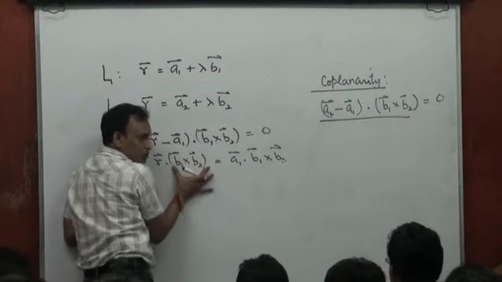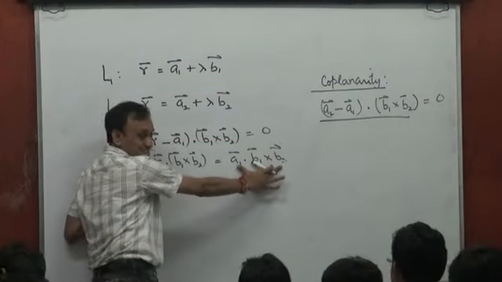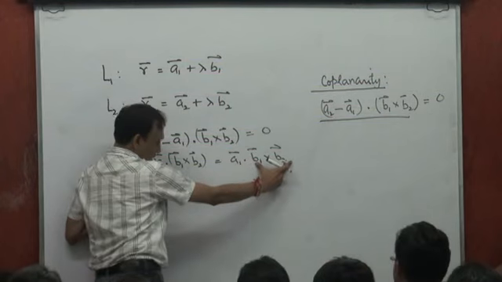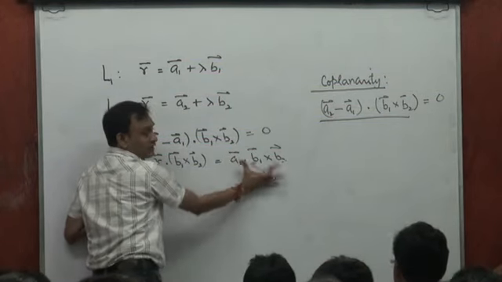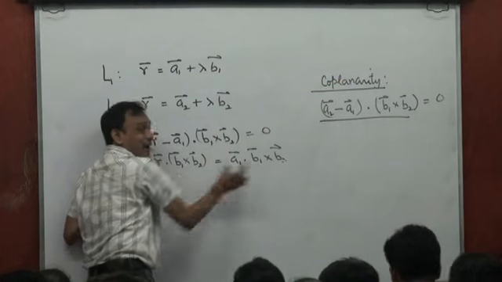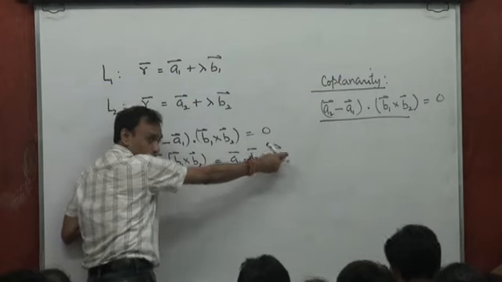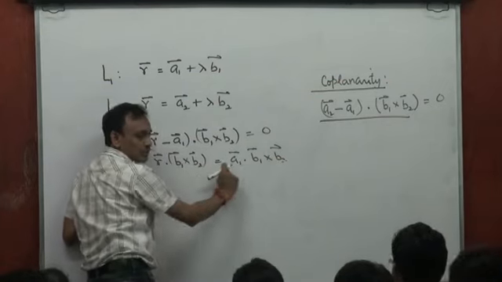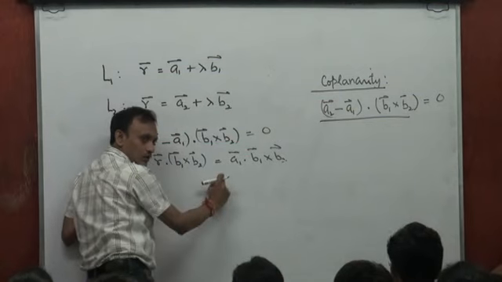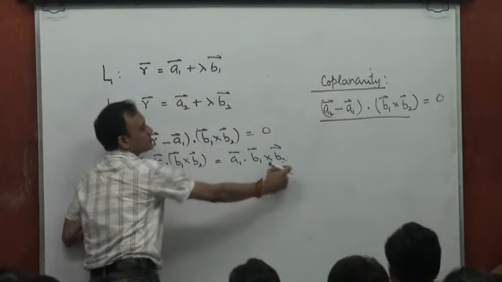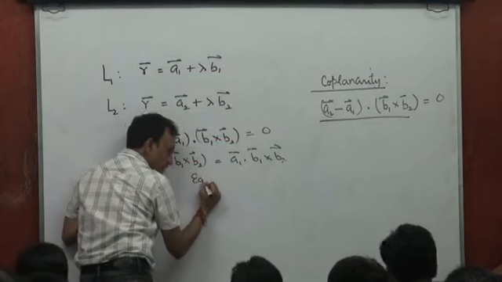Like r dot a normal to the plane is a constant scalar, because a vector dot a vector gives a scalar. This is like my d: r dot n cap equal to d, which represents the equation of the common plane. r dot (b1 cross b2) equals a1 dot (b1 cross b2) is the equation of the common plane.